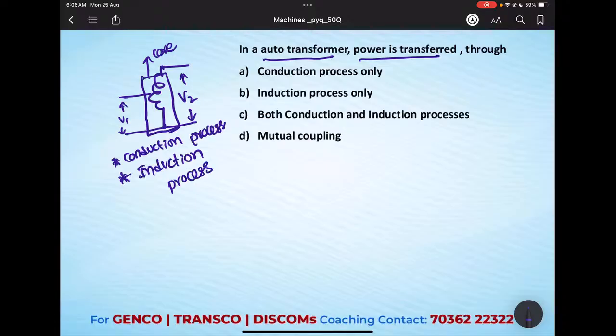So in an auto transformer, power is transferred not only through the induction process but also through the conduction process. How conduction process? The same winding is used for both primary and secondary, because of that electrical conduction is going to happen, and by that power is going to be transferred. Clear? So our option is both conduction and induction process. Option C.